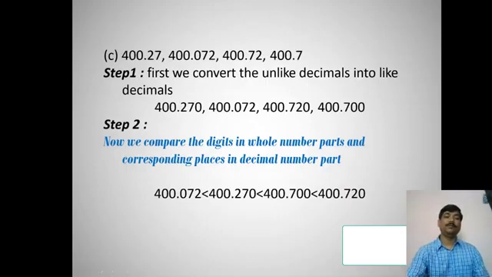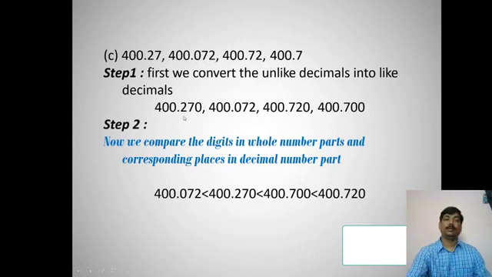in this problem some numbers are also here: 400.27, 400.072, 400.72, 400.7. What will we do here? First we convert the unlike decimals into like decimals. So the maximum number of digits here in the decimal part is 3.